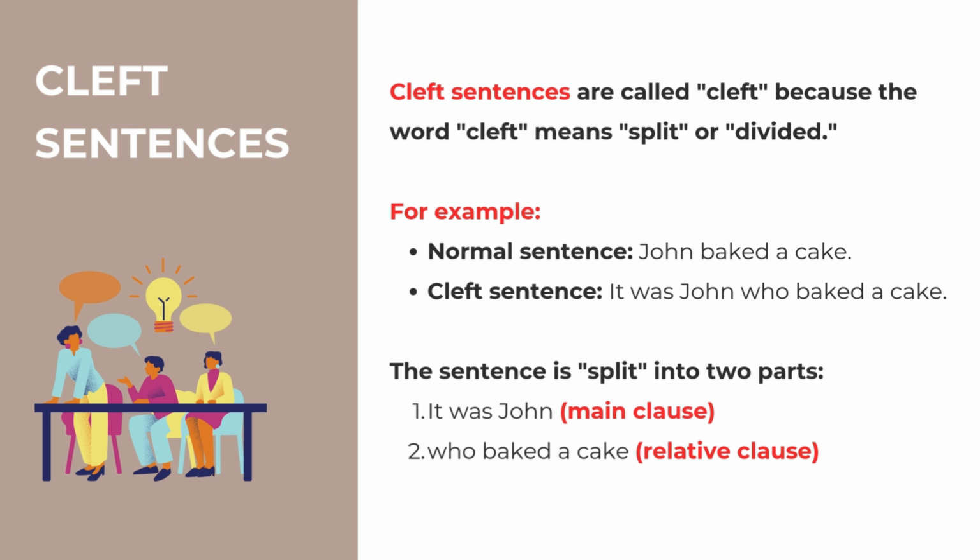For example, a normal sentence would sound like this: John baked a cake. A cleft sentence would sound like this: It was John who baked a cake. So here the sentence is split into 2 parts. It was John is the main clause, who baked a cake is the relative clause.